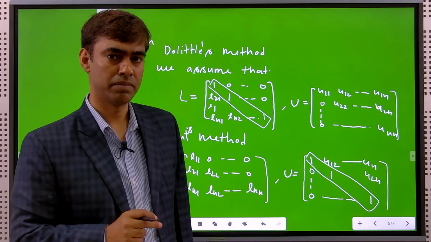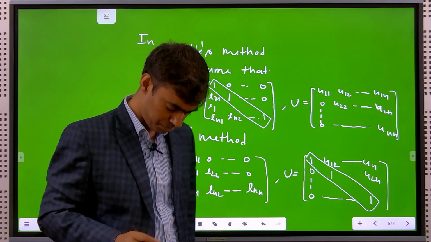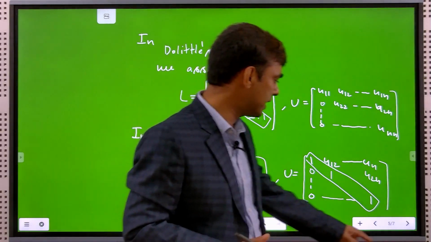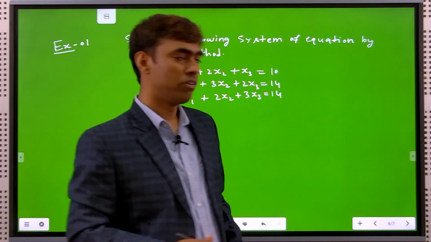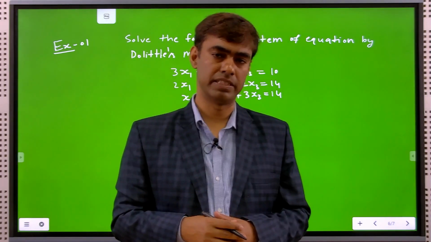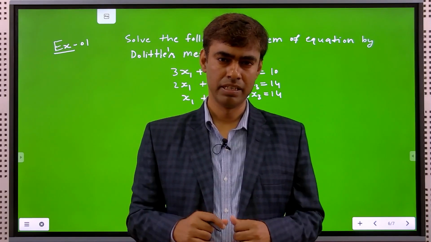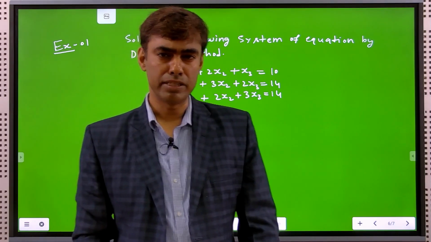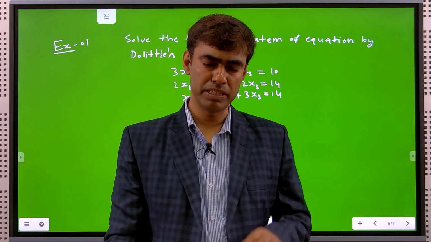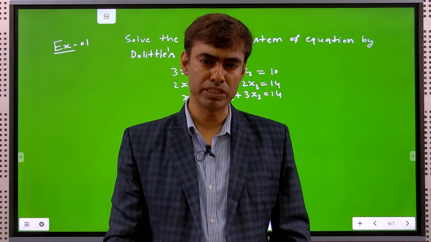Now, we try to solve one numerical example using the Doolittle method. As we discussed earlier, in the Doolittle method we first write the given system of linear equations in matrix form.